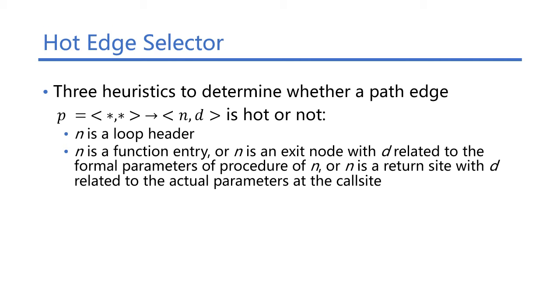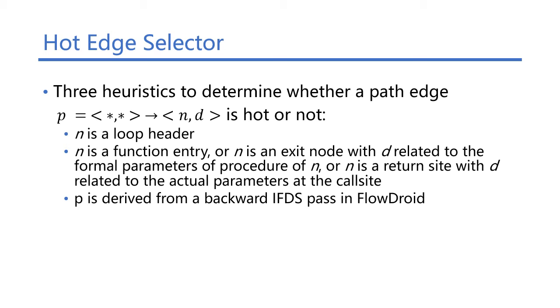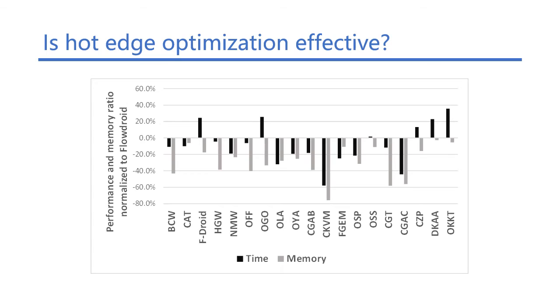N is a function entry, or N is an exit node with D related to the formal parameters of the procedure of N, or N is a return site with D related to the actual parameters at the call site. 3. P is derived from a backward IFDS pass in FlowDroid. We implement DiskDroid based on FlowDroid, an IFDS-based taint analysis tool.